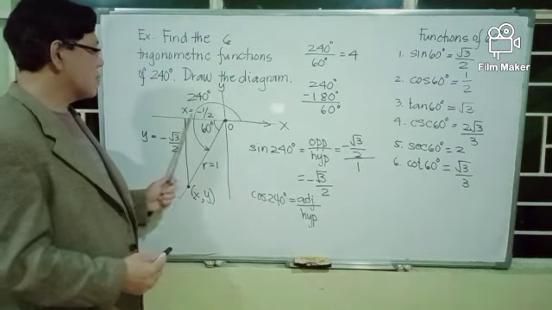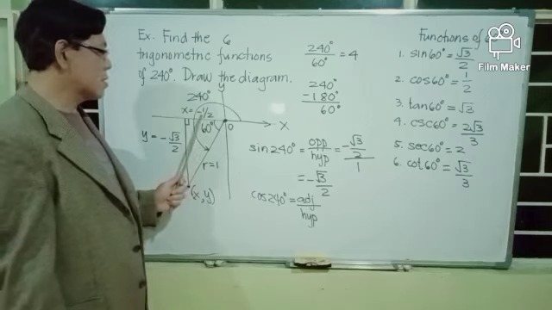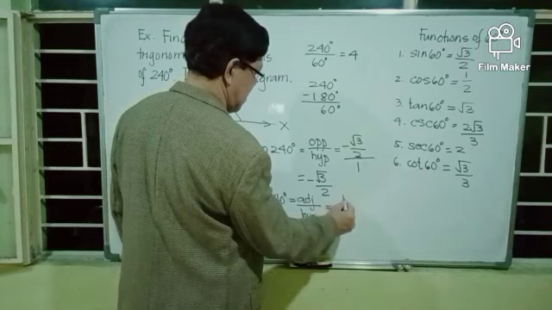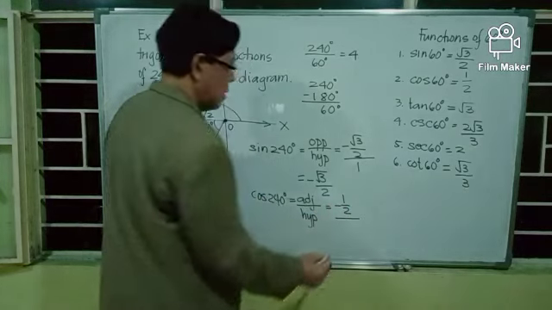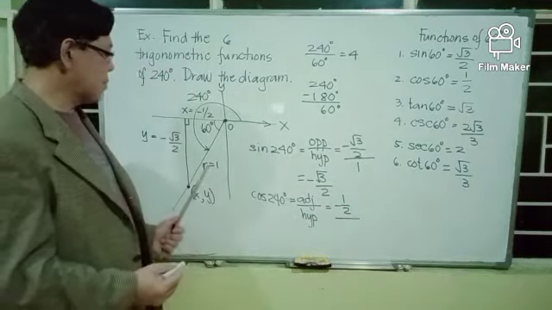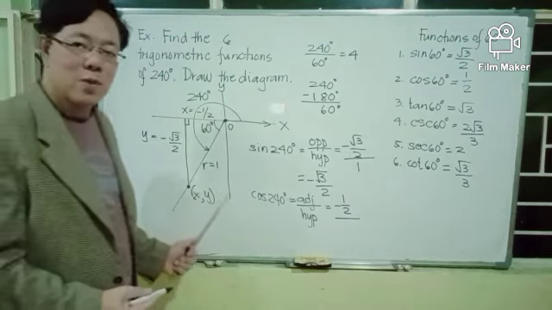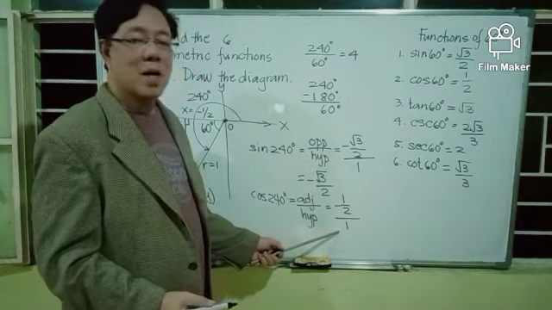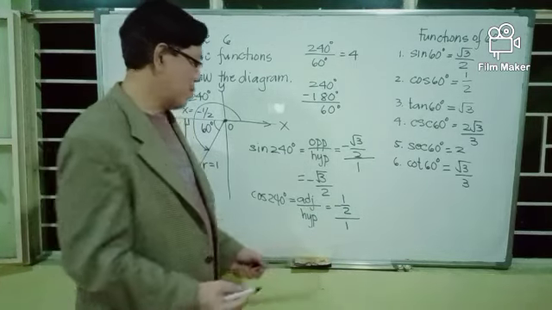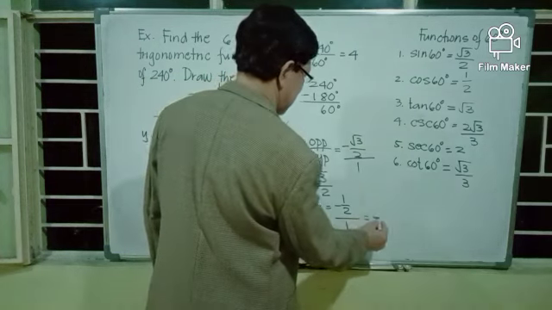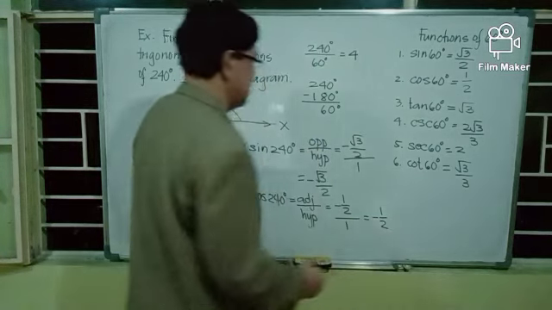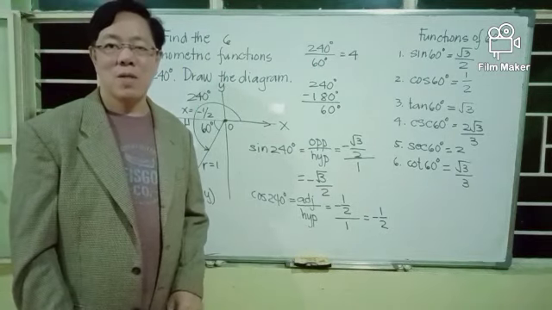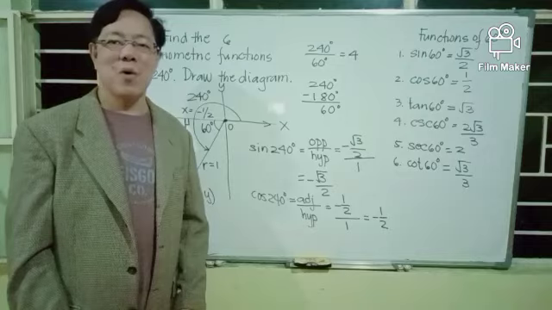From our diagram, the side adjacent to 60 is negative 1/2. Divide by the hypotenuse. The hypotenuse is the radius vector with length of 1. Negative 1/2 divided by positive 1 is negative 1/2. We continue to find the other four trigonometric functions of 240 degrees.